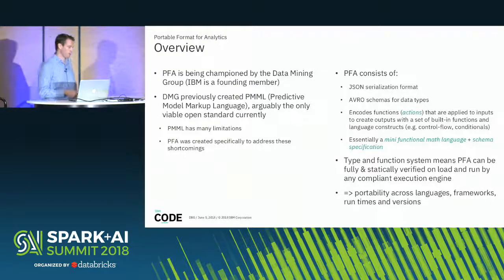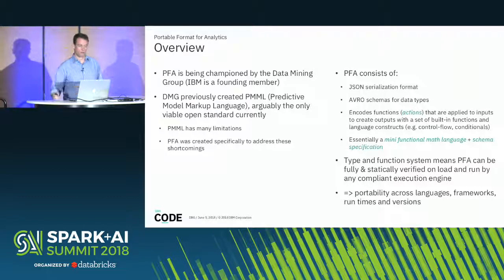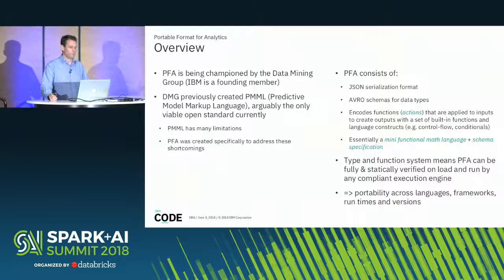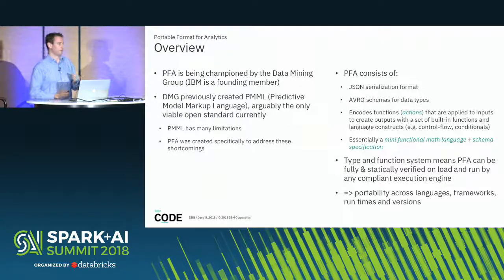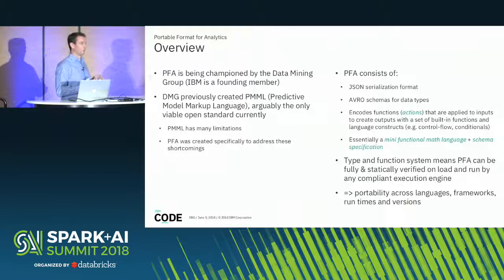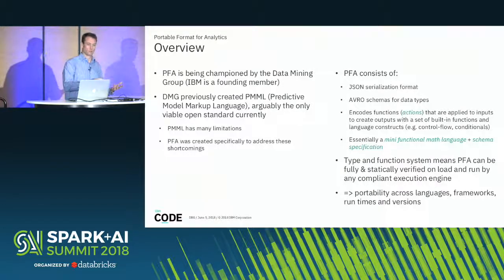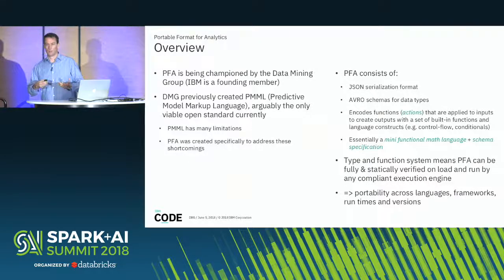So where PMML is an XML-based format, PFA uses JSON for serialization and the format. It uses Avro schemas for data types. And what it tries to do is to encapsulate both the serialization format as well as specify the actual actions or functions that must be applied to the input of your pipeline or your model to create the output.